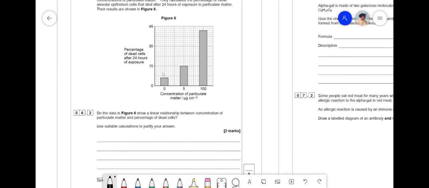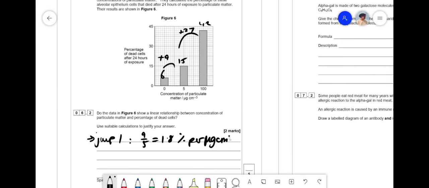So this scale goes up in 1.5, so this is going to be 6, this is going to be 15%, and this is going to be 42%. So I'm going to work out the jump between here, so that's plus 9, and then the jump here, which is plus 27. So I'm going to work out the factors here. Jump 1 is 9 over 5, which is 1.8, and this is in percent per microgram per centimeter cubed.